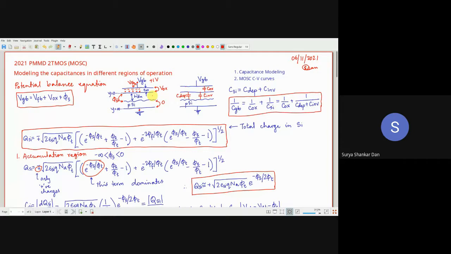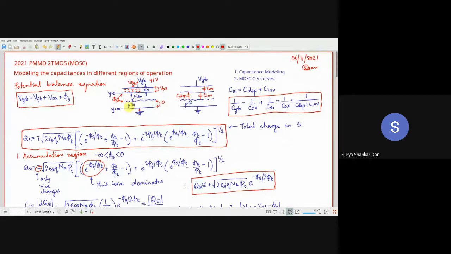Later on, when we apply a higher VGB after the onset of moderate inversion, a channel will be formed, essentially because of electrons, the mobile negative charges. But initially, it will be only the immobile negative charges, because of the dopant ions. That's it. Excellent.